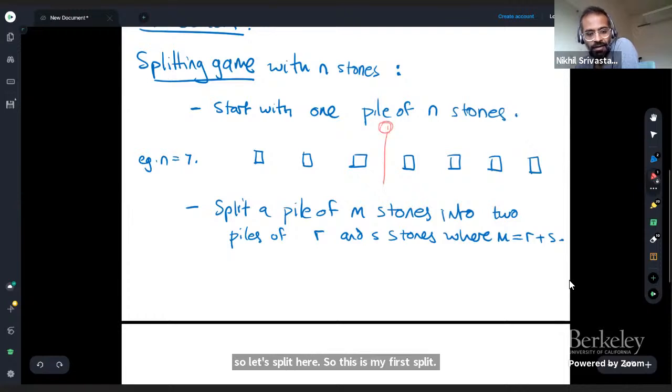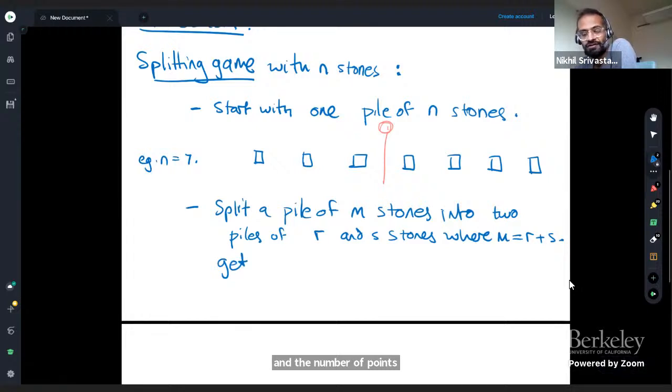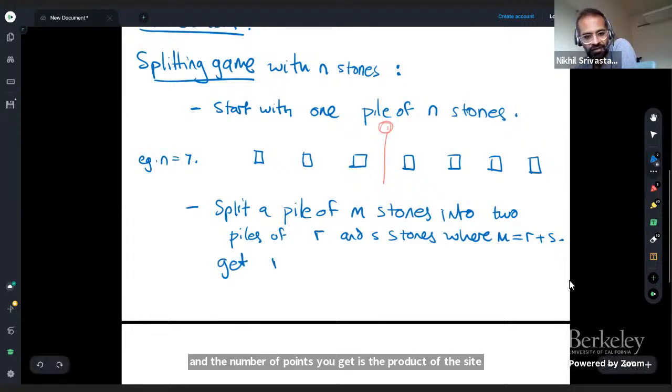And when you do a split, you get points. And the number of points you get is the product of the sizes of the two subpiles. Get R times S points. So for this splitting, the number of points you'd get is 3 times 4, which is 12.